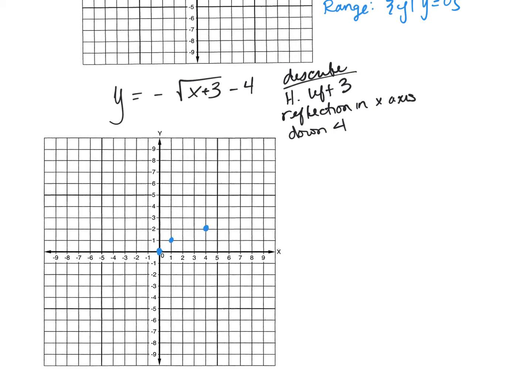Those are the 3 points from the table that we made for the parent graph. And I'm going to move them all left 3. Then I'm going to reflect them in the x-axis. So I'm going to move them all left 3. I'm going to mark it in red. There's left 3, right?